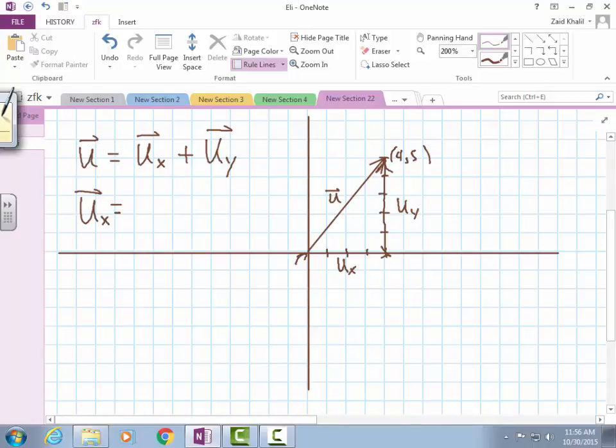How would you describe this? Well, you would say it has a length. What's its length? 4? Is that right? So it's 1, 2, 3, 4. So the question is, is that correct? And the answer is no.